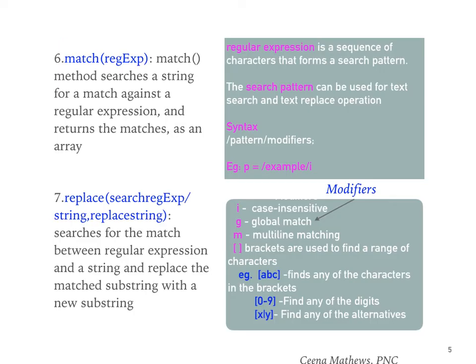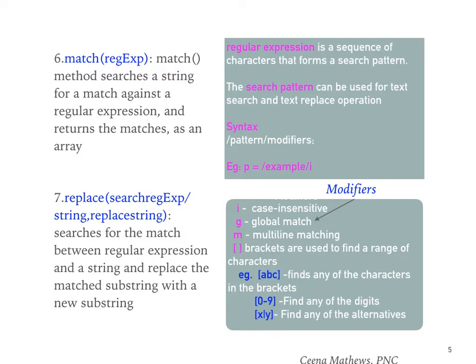Next method is match. Within the brackets of match you give the regular expression. A regular expression is a sequence of characters that forms a search pattern. The search pattern can be used for text search and text replace operations.